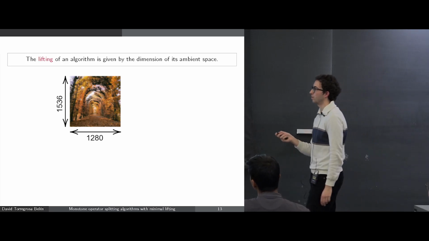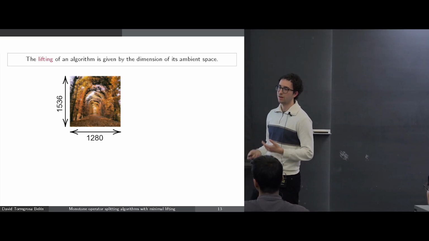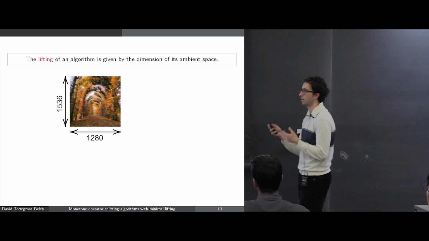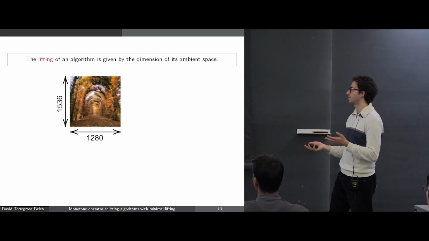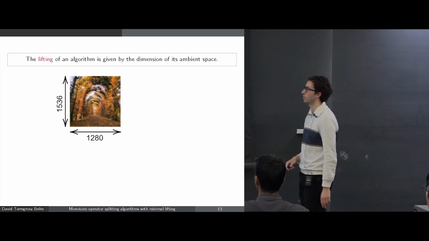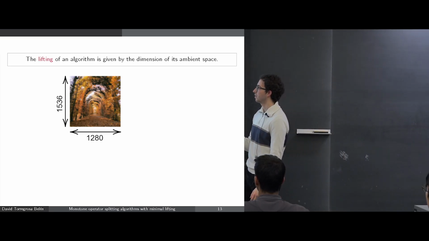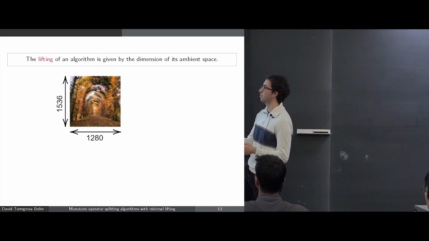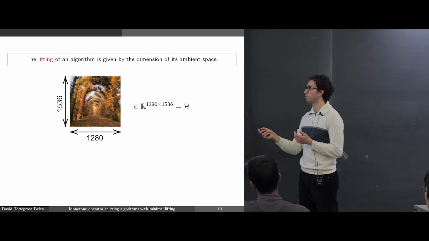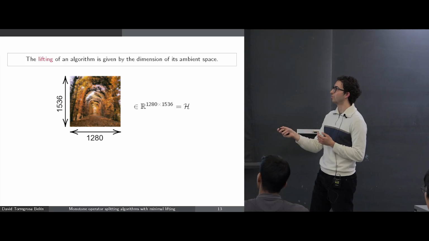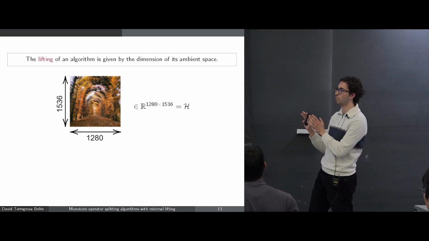For example, imagine I have one image here and I'm interested in running some experiment in image processing, and this image has this number of pixels of width and this number of pixels of height. If I identify it with one vector, it is a vector in R to this power here, which is almost 2 million.